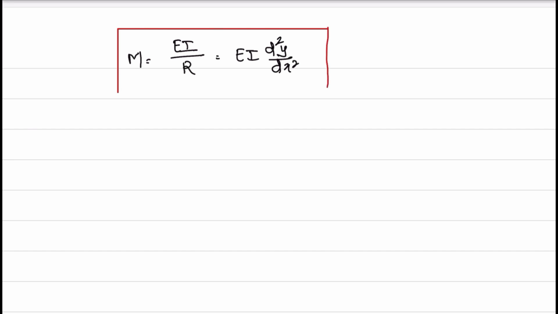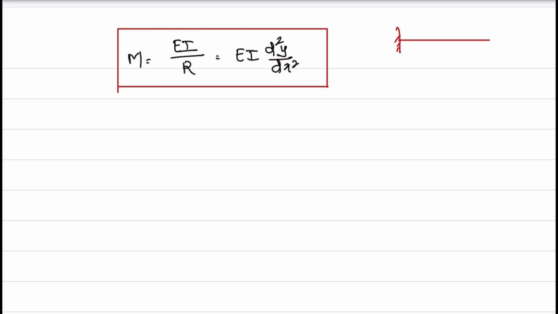It is being used almost in all the places for finding the deflections, for finding the differential equation. It is a differential equation. Y is the deflection, x is the length. Just see, this is the cantilever beam.